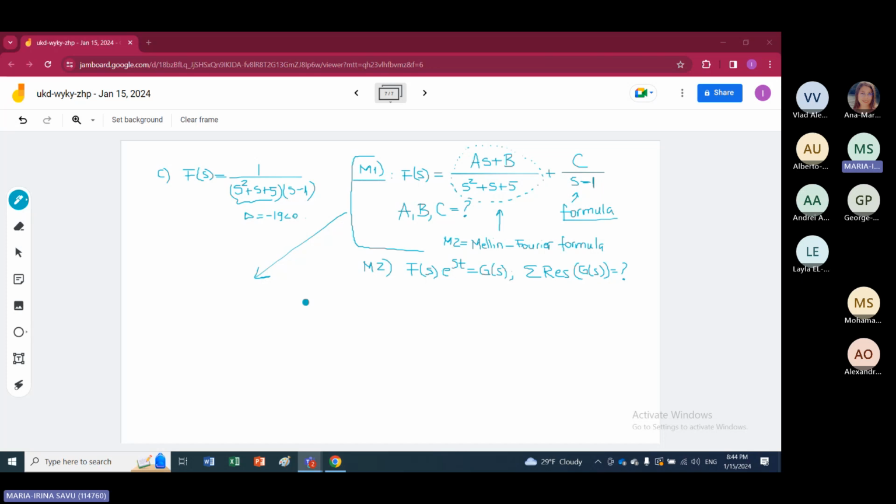If we want to find A, B, and C, we have to write the initial equation, with the denominator.